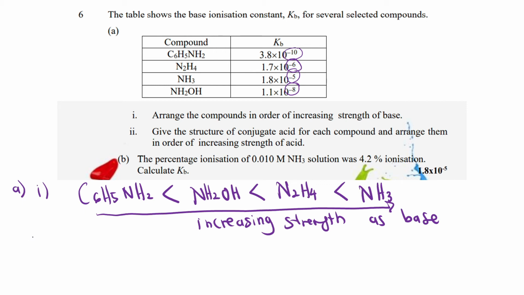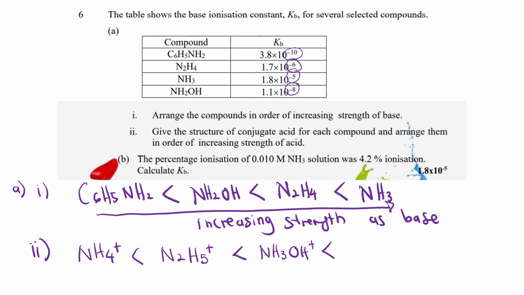Dan dia punya structure, kalau NH3 dia terima proton, dia akan jadi NH4+. Tambah hidrogen saja. Kemudian kalau N2H4 dia akan jadi N2H5+. If NH2OH, kita tak boleh tambah dekat OH, kita akan tambah dekat NH2. Jadi dia akan form NH3OH+.